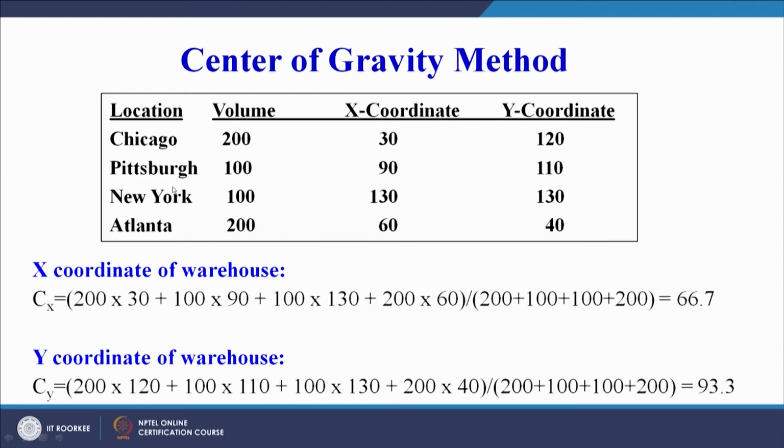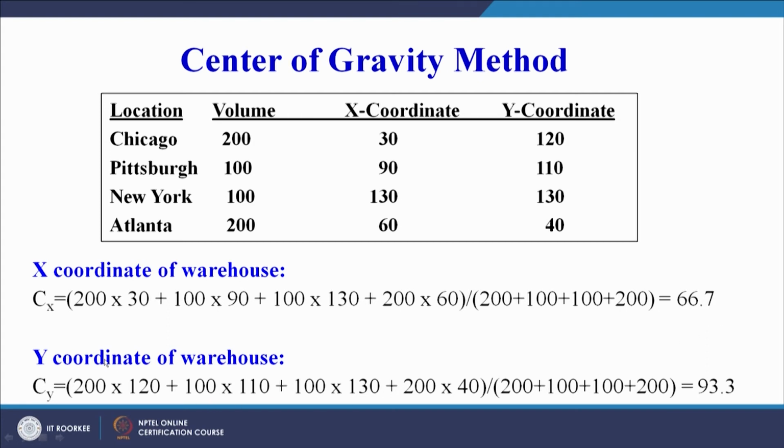So here 200 is the demand and it is multiplied by the x coordinate 30, plus the x coordinate for Pittsburgh, which is 90, with demand 100, then the x coordinate for New York is 130, demand is 100, similarly 60 and 200, and then it is divided by the overall demand. The overall demand is 200 plus 100 plus 100 plus 200, so it comes out to be 600.